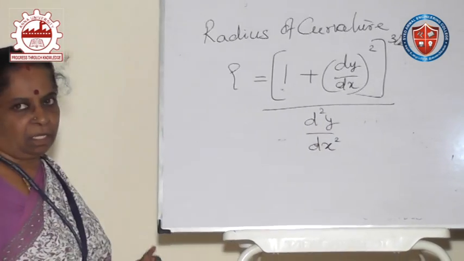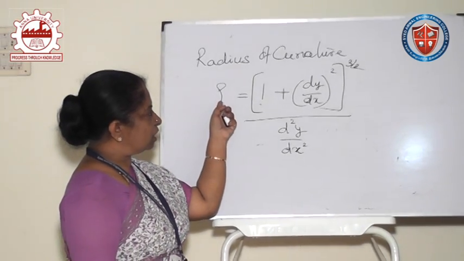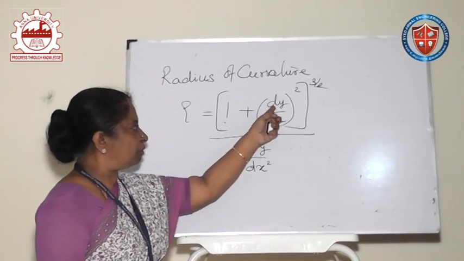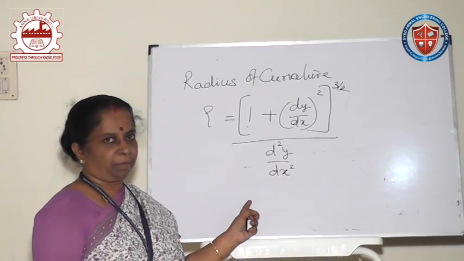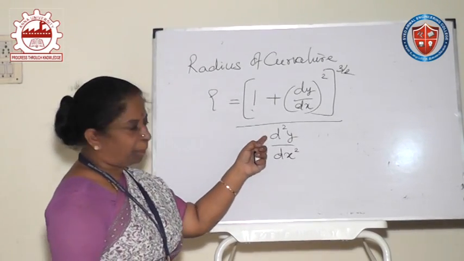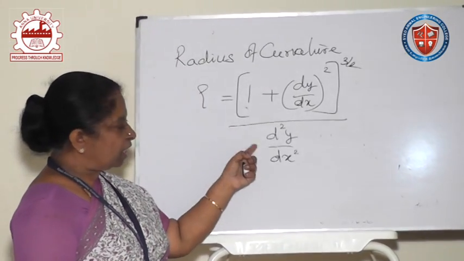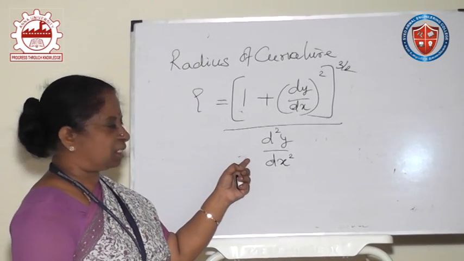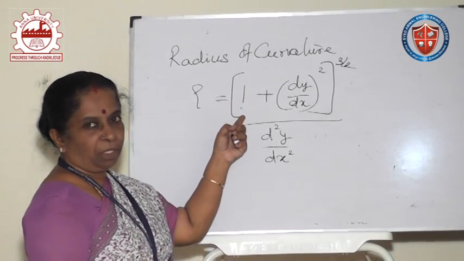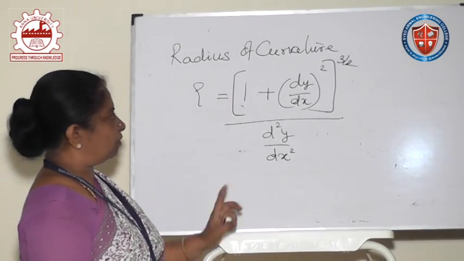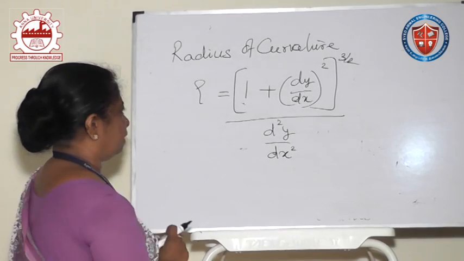So it is necessary that we find dy by dx and also d square y by dx square. The very simple basic differentials which we studied in our plus 2 classes will be necessary to find our rho calculation.